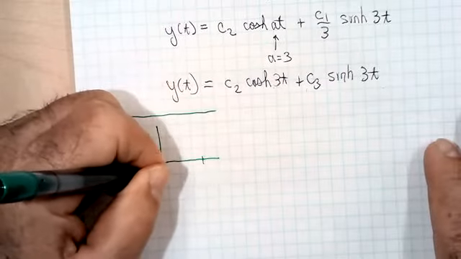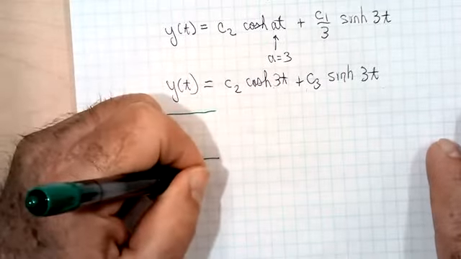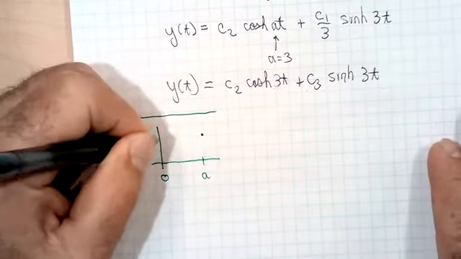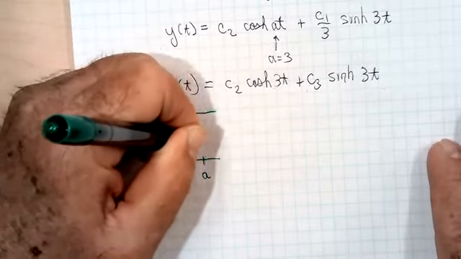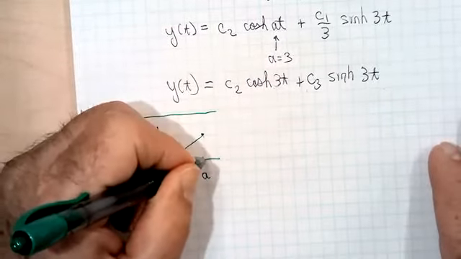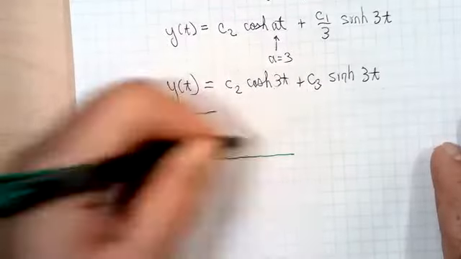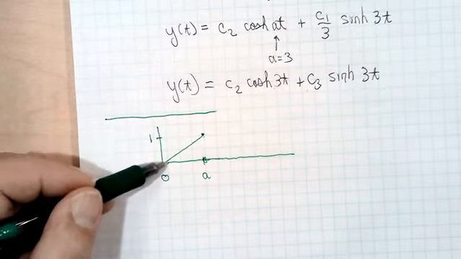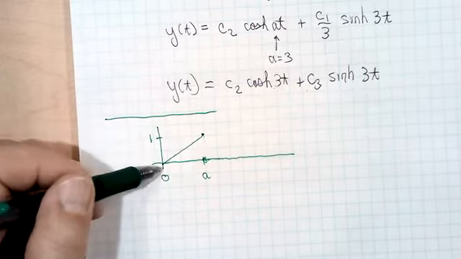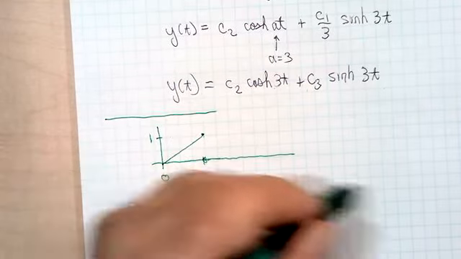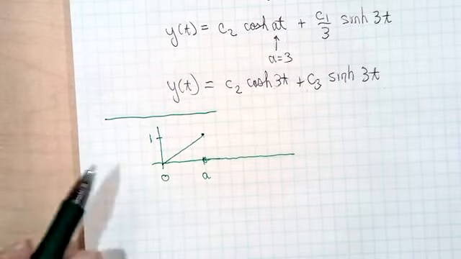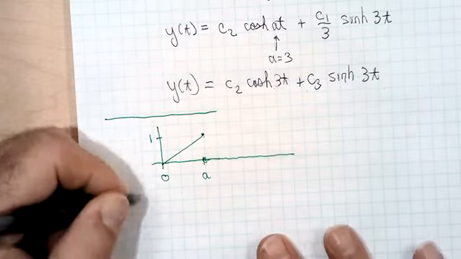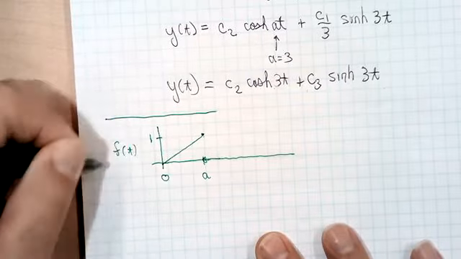On the interval from 0 to a, this thing jumps up to, in this case, 1. But then it drops back to 0 and goes like that. So it's an on-ramp function. It starts at 0, ramps up to 1, and then it drops back on the interval from 0 to a. Or if you wanted a simpler version, you take it from 0 to 1. Let's say that this thing is f of t.